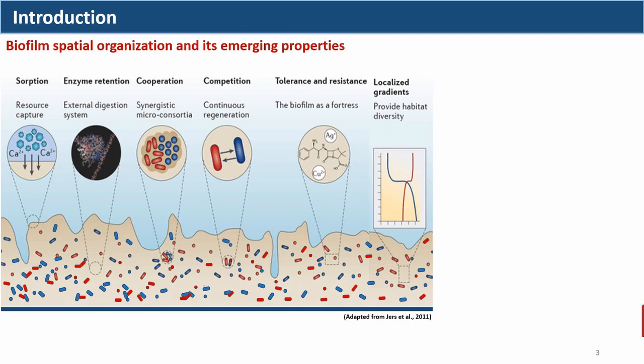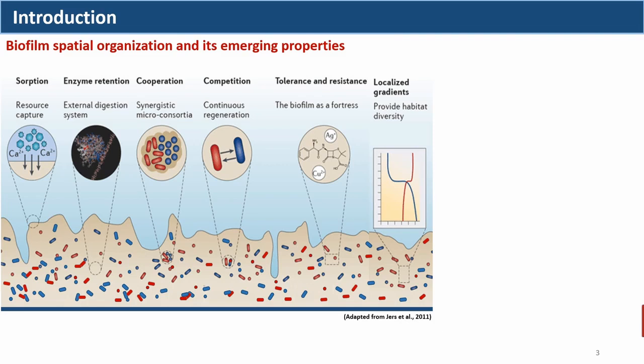Now, what is a biofilm? A biofilm is a complex system composed of cell aggregates that are embedded in a self-produced matrix and adherent to each other and/or to a surface.